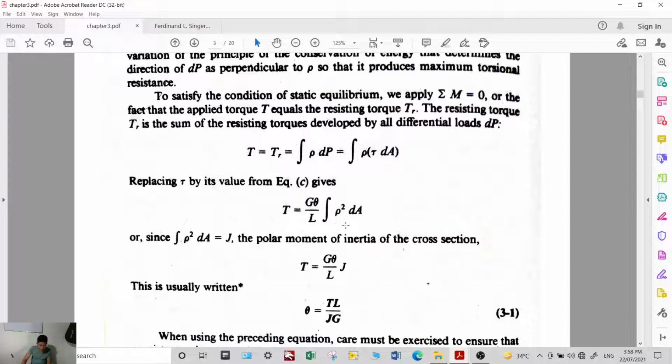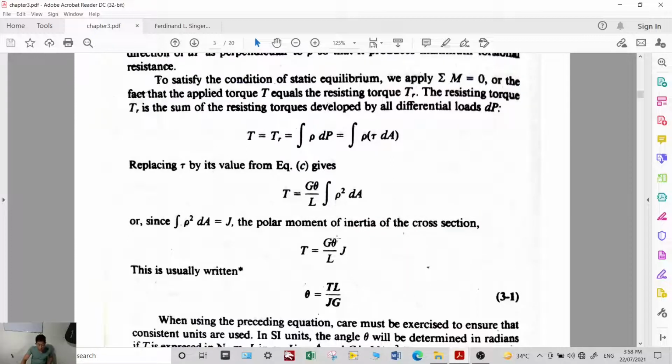And then, kani nga term, if we recall sa inyo ang mechanics, this is what we call the polar moment of inertia of the cross-section. Okay? Every cross-section, na siya ay different polar moment of inertia. Okay, so since ang atong gipangita is the theta, so ning i-rearrange, you can get this one.